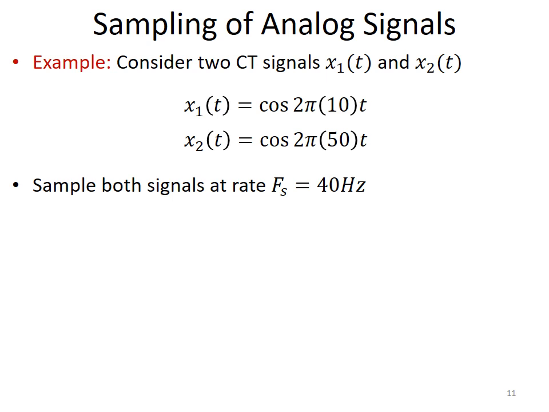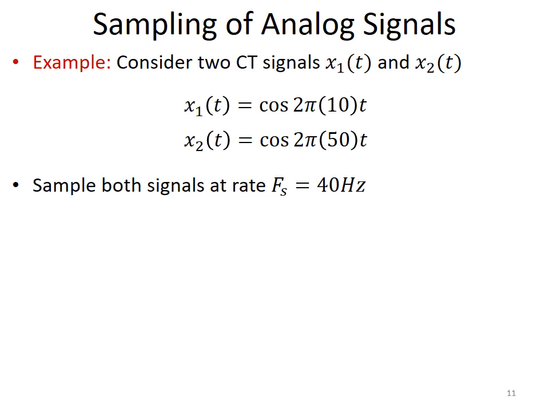So we know that aliasing would occur particularly for x2 because the folding frequency here, which is equal to Fs upon 2, would be 20 Hz. So 20 Hz is the folding frequency. After 20 Hz all the frequencies would repeat itself. So this 50 Hz frequency would repeat itself.